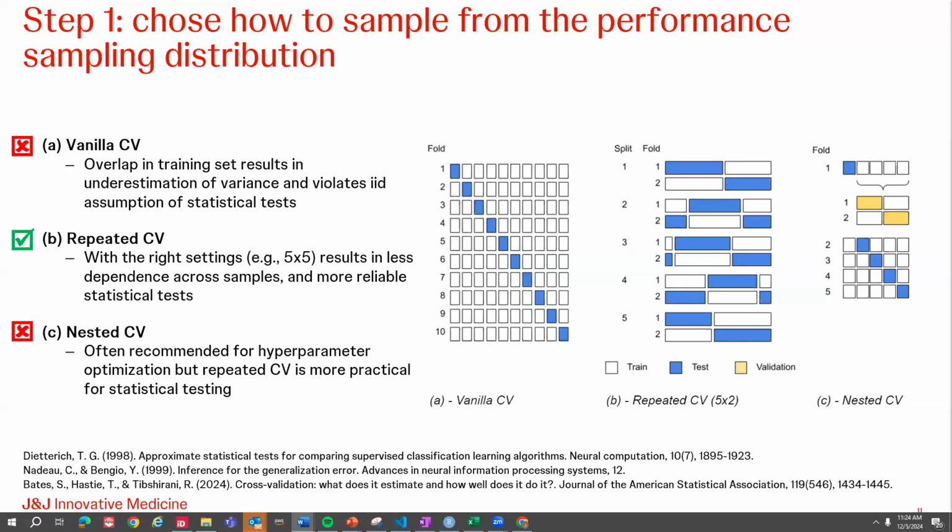The figure here is showing 5 repeats of twofold cross-validation. I'm also showing nested CV here to distinguish this from repeated CV. Often nested CV is recommended for hyperparameter optimization, but here repeated CV is better for statistical testing.